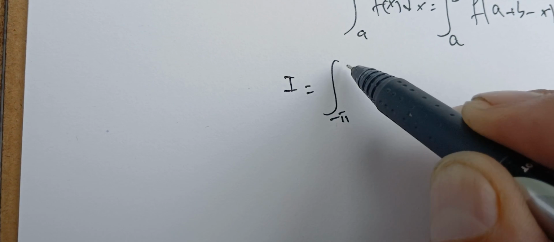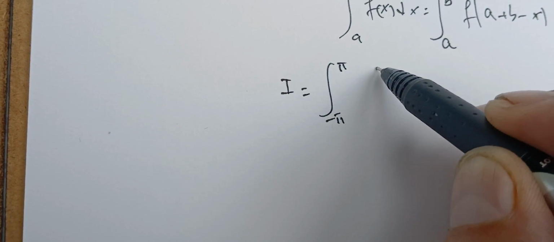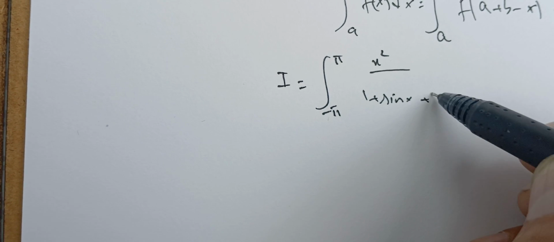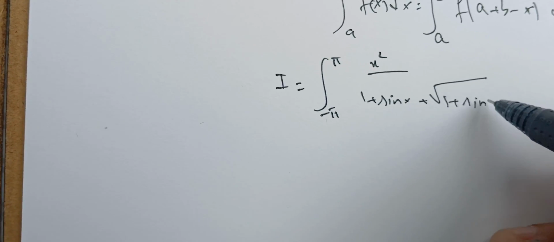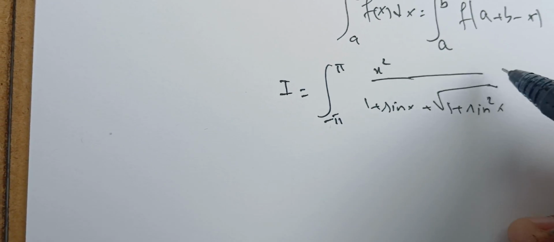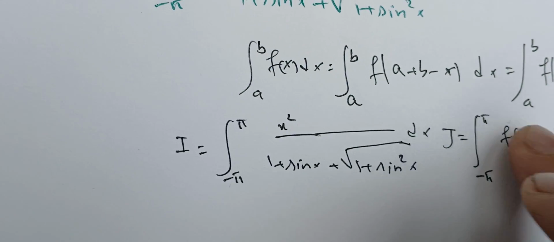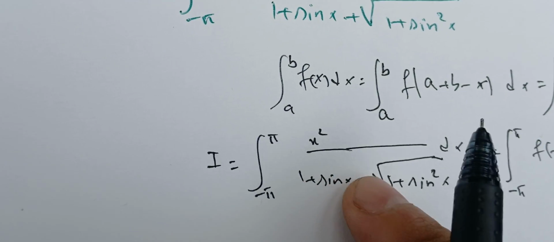Let I be the integral between minus pi and pi of x squared over 1 plus sine x plus the square root of 1 plus sine squared of x dx, and let J be the integral of f of minus x. I just replace x by minus x in this integral.